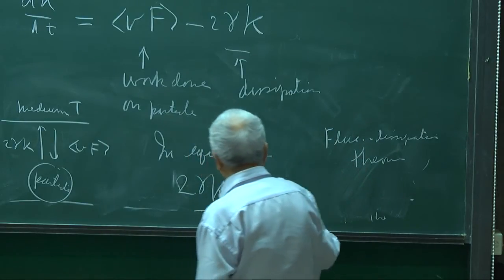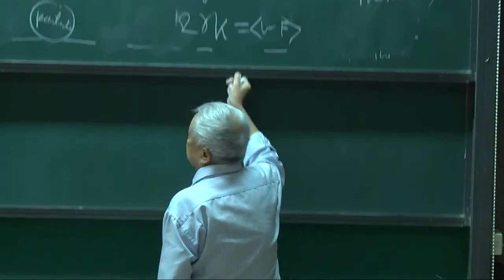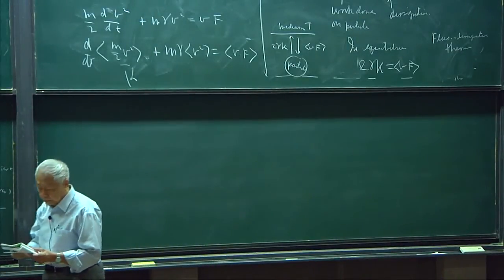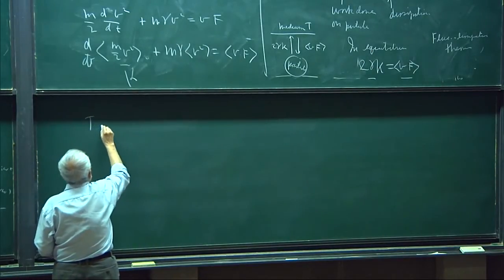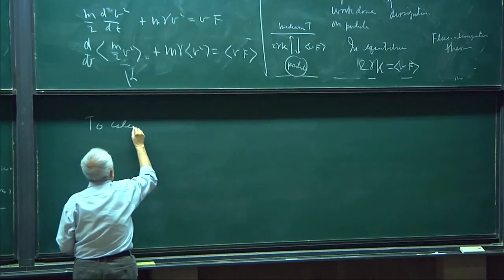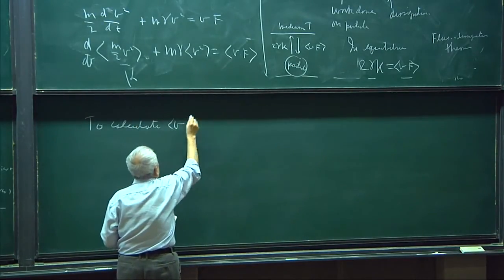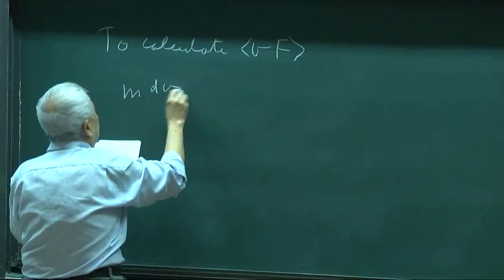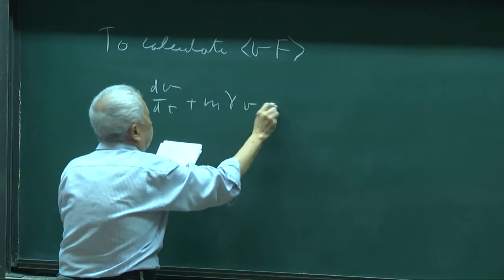To work this out, we have to calculate the average of vf. So to calculate this average, you go back to the equation m dv/dt plus m gamma v is equal to f.